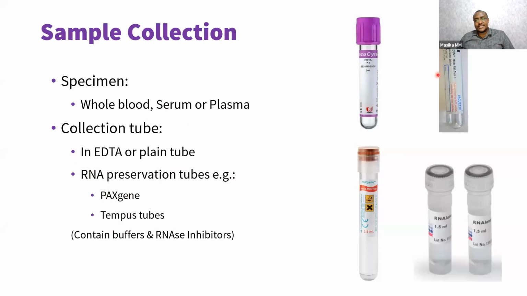You may hear of things like Tempus tubes or PAXgene tubes. You don't need to remember the brand names. The idea is that the RNA preservation tubes are filled with buffers and RNase inhibitors, so when you put the sample there, it does not break down. This helps you to collect a better quality sample. So sample collection is important and you need to pay attention to it.